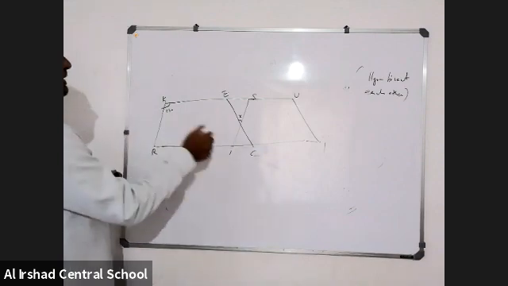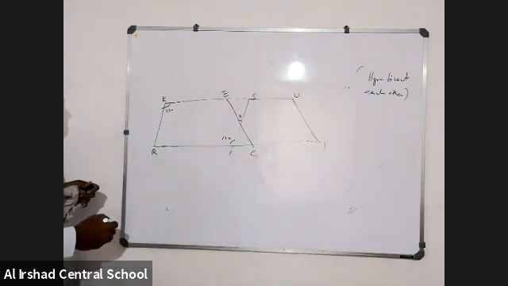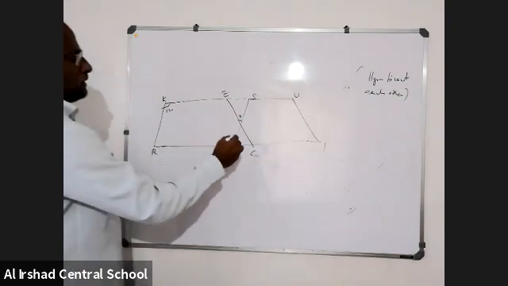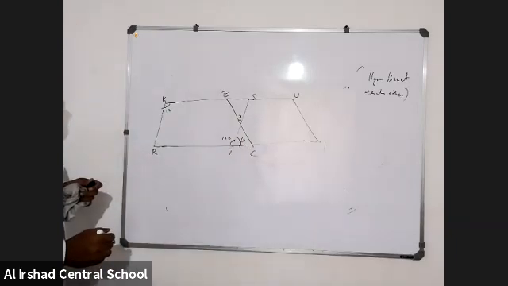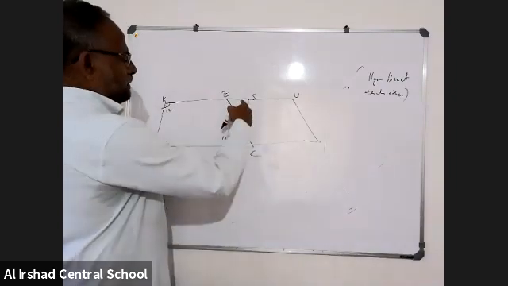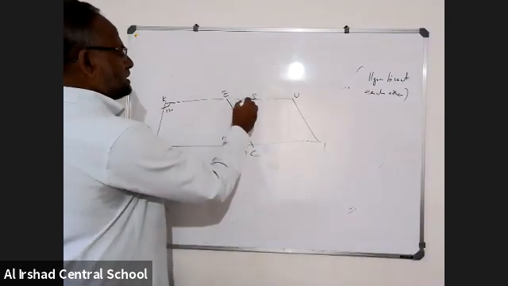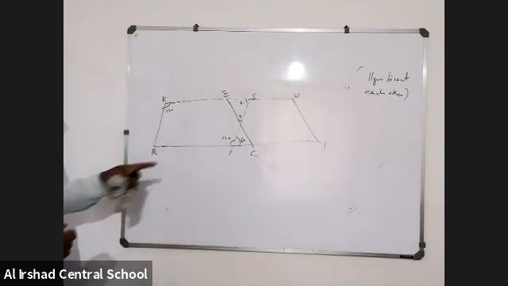If this is 120, we can say this is 120 in the parallelogram. This is 120, this is 60, because co-interior angles are supplementary.